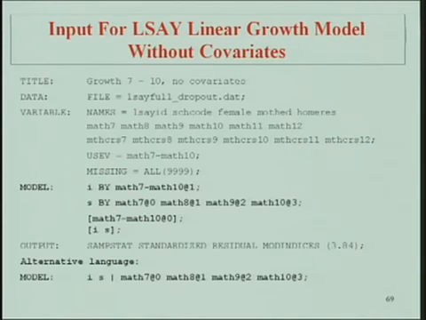This is parameterization 1. So you have I measured by math 7 through math 10. Those four indicators, those four observed variables are seen as indicators of factor I with factor loadings fixed at 1. The factor S has three indicators, math 8, 9, and 10. So we say that the loading for 7 is 0, loading for 8 is 1, loading for 9 is 2, 10 is 3.